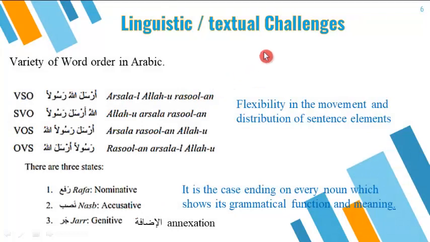Still dealing with the lexical word challenges, and here we compare between Arabic and English language in terms of word order. So Arabic provides variety of word order. For example, أرسل الله رسولا, verb, subject, object. الله أرسل رسولا, subject, verb, object. أرسل رسولا الله, verb, object, subject. And رسولا أرسل الله, object, verb, subject.